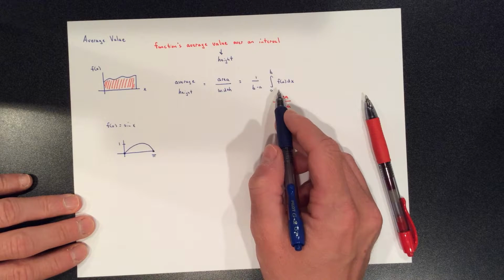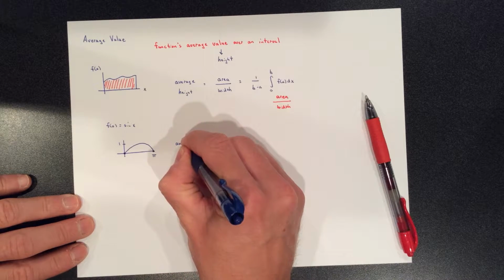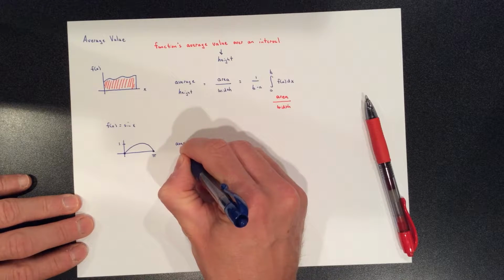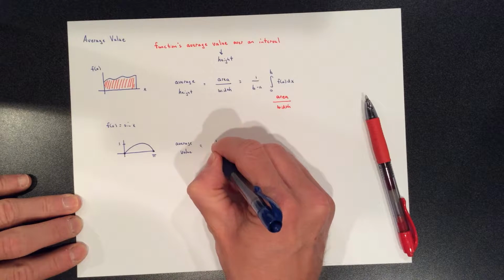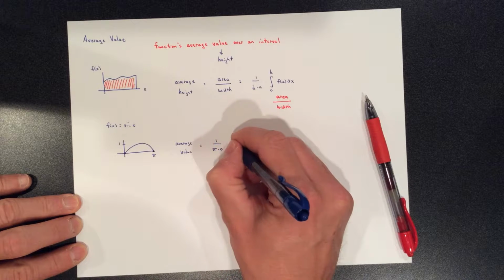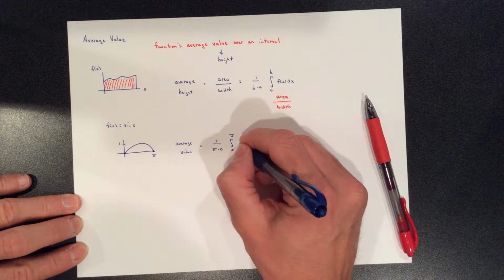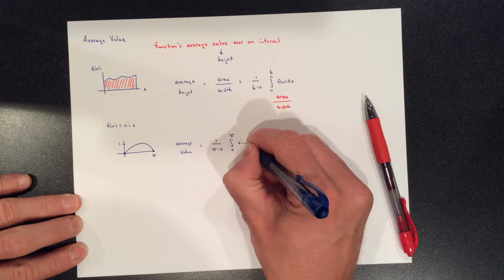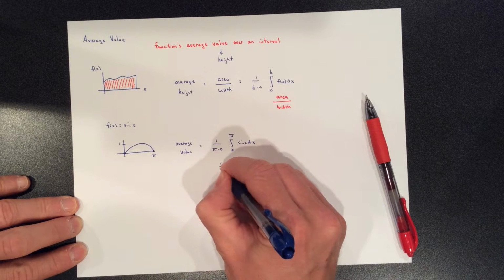And so if we follow this procedure, the average value is going to be 1 over b minus a integral from 0 to pi, from a to b of the function. That's just 1 over pi.